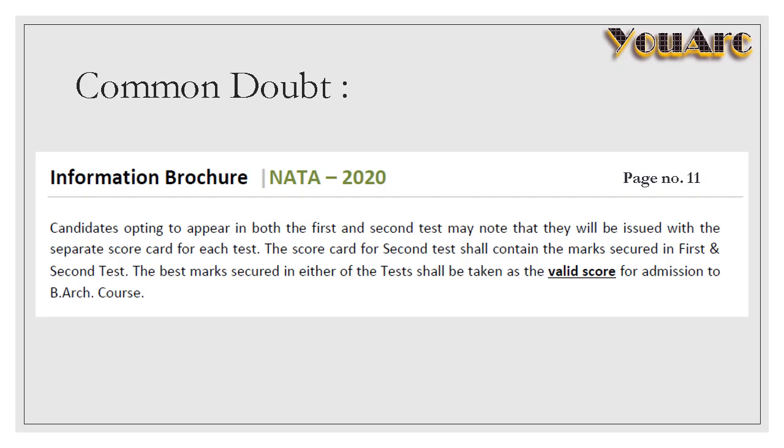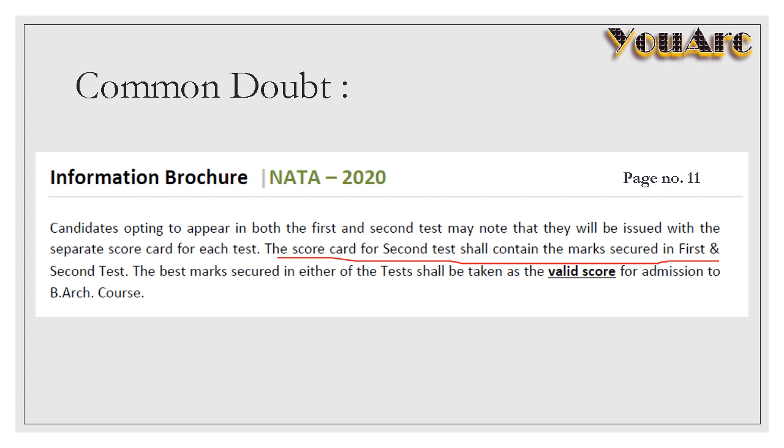Before getting into the video, I wanted to discuss one particular thing because I get so many comments and many students have doubts about it. If you are writing the first attempt and second attempt of NATA, they are not going to take your average. As per the NATA 2020 brochure, page number 11, they have clearly mentioned that the scorecard for the second NATA shall contain the marks that you secured in the first and second NATA.